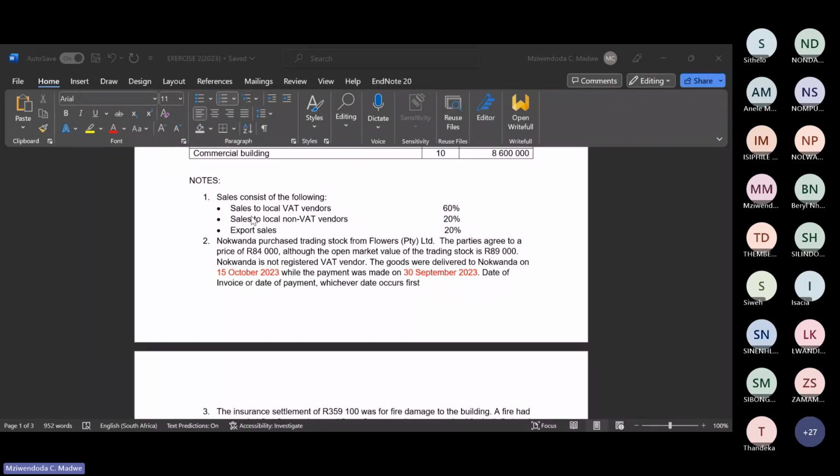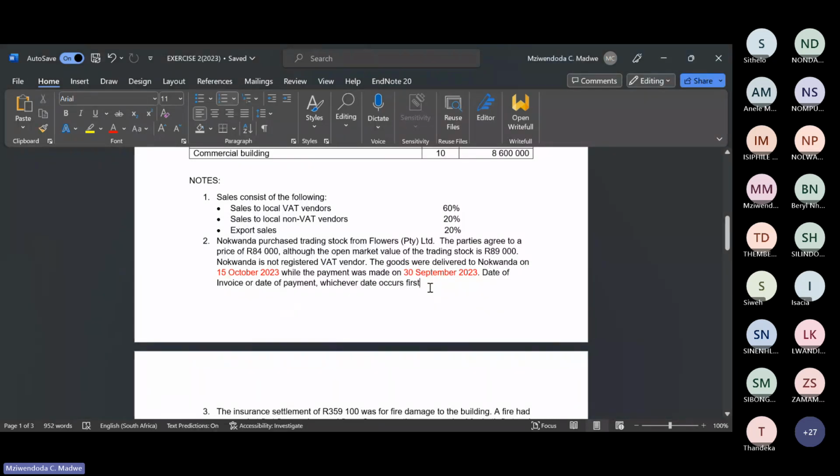So I will start calculating VAT, or I will start charging VAT, as soon as I receive the payment, if that is the date of payment. So this is what you are going to indicate in this question. That is what you are going to say.